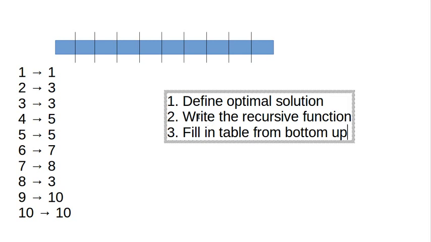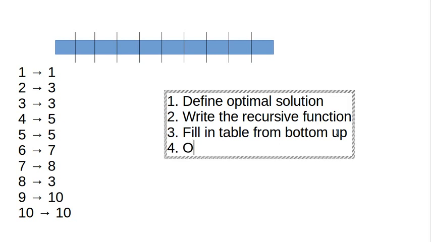And as I showed with the Fibonacci sequence, generally your recursive functions work top down. So you call the recursive function, you say, I have a bar of length 10, what is optimal for this? And then it works its way down to size 1 or 0, whatever you have as your base case. With dynamic programming, you start at the bottom and you work your way up, and the whole optimal substructure guarantees that you can look up values earlier in the table and use that to solve.